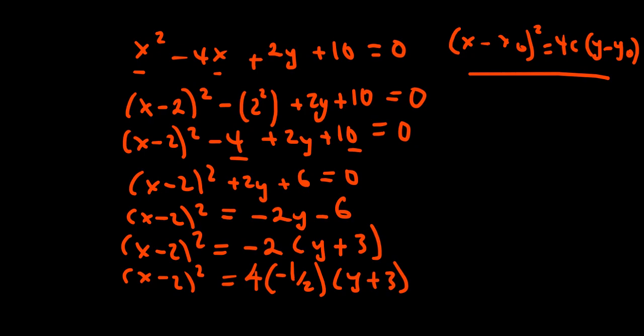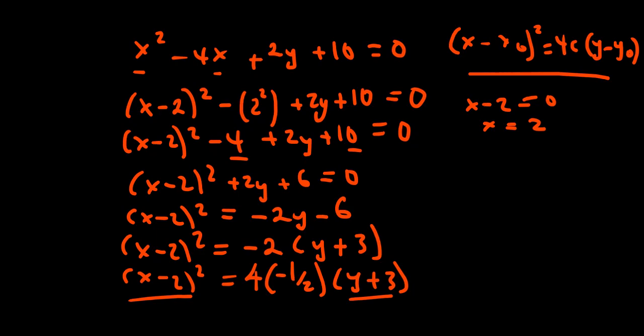Okay, there's no question. So let's identify now. How do I find my vertex? I'll find my vertex by equating this part inside to 0, and equating that inside to 0. When I equate x minus 2 to 0, I just get x being equal to 2.